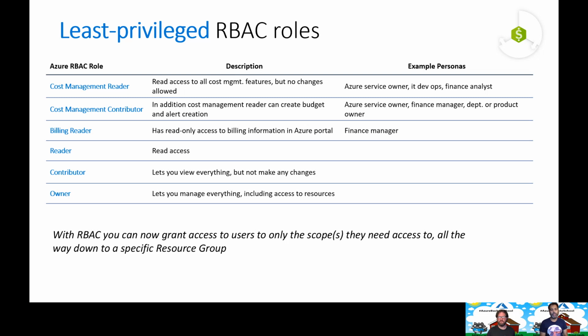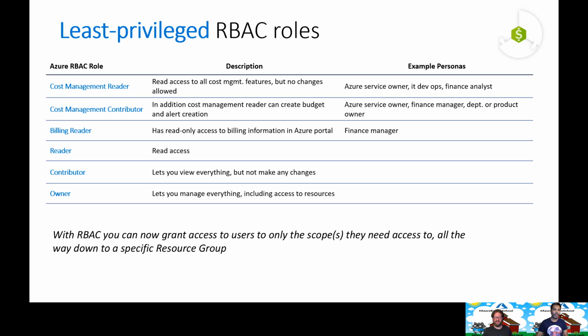And so these are the built-in roles. I know Chris mentioned RBAC. So just like on-prem, start with the least privileges. Never give any owner access or contributor access, because you want to make sure you're providing the built-in roles, which are much better than just giving the keys to the kingdom.